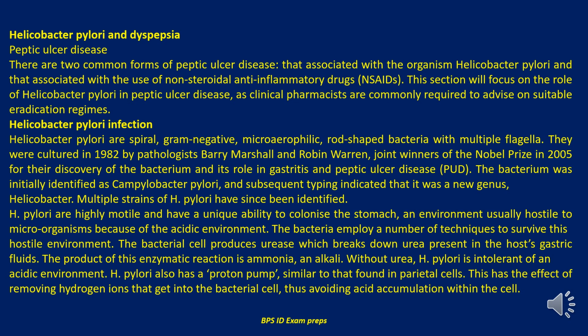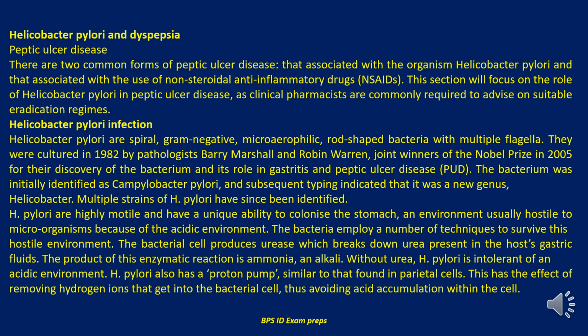Next we will discuss Helicobacter pylori infection. Helicobacter pylori are spiral, gram-negative, microaerophilic, rod-shaped bacteria with multiple flagella. They were cultured in 1982 by pathologists Barry Marshall and Robin Warren, joint winners of the Nobel Prize in 2005 for the discovery of the bacterium and its role in gastritis and peptic ulcer disease, abbreviated as PUD.